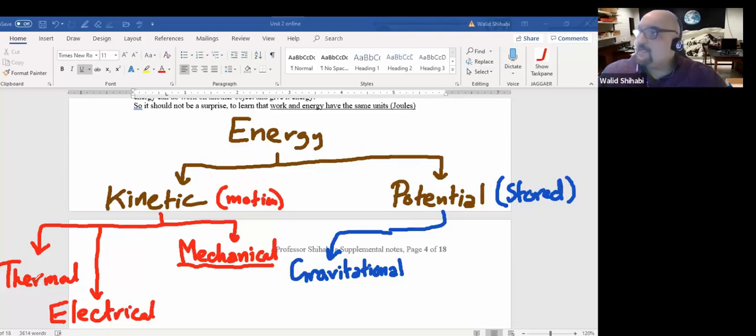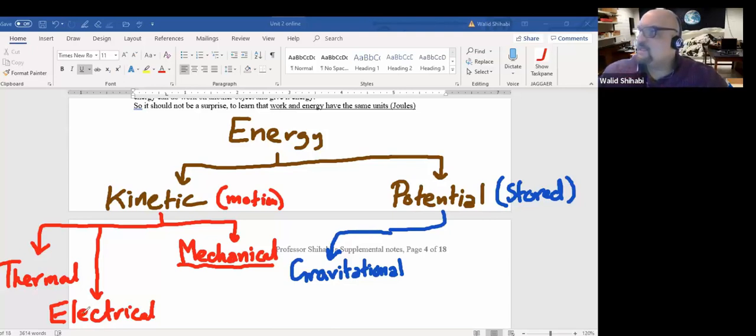When you burn gasoline inside the engine of your car, gasoline will turn into gases, carbon dioxide and water. And this gas will be able to push on the pistons in the engine of your car, applying force on those pistons, which is translated into the motion of the wheels, and hence you can do work by thermal energy.